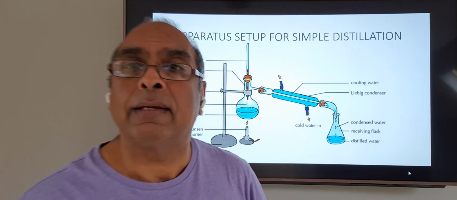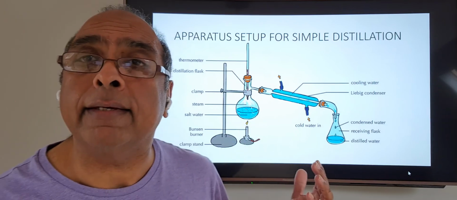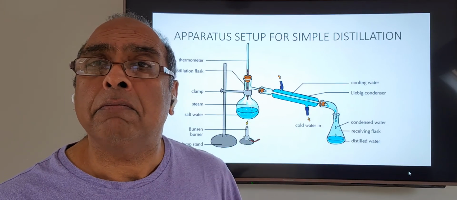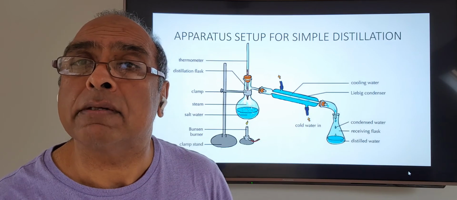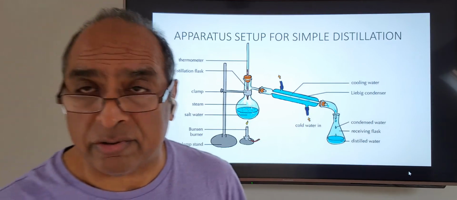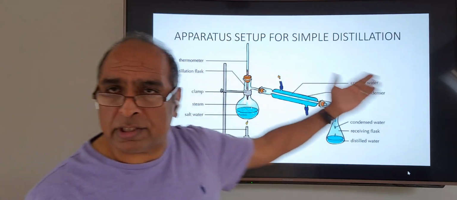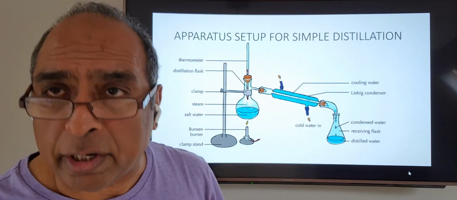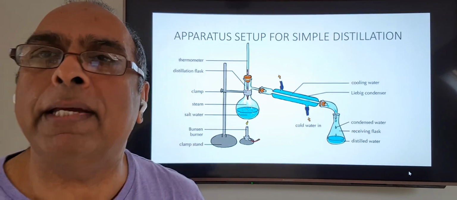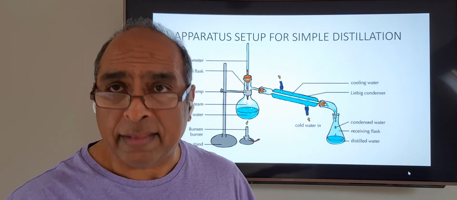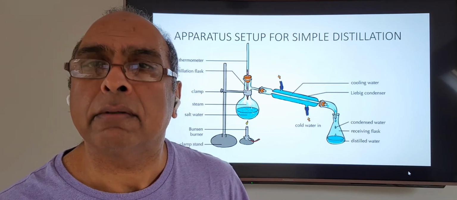And indeed, the drinks industry uses this technique to make alcoholic drinks of a very high alcoholic content. Except in the drinks industry, they call this a still. They don't bother calling it simple distillation. They call it a still. What they mean is they use a still in their language to do simple distillation.